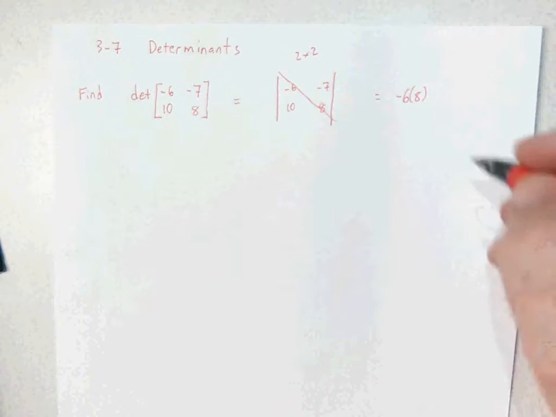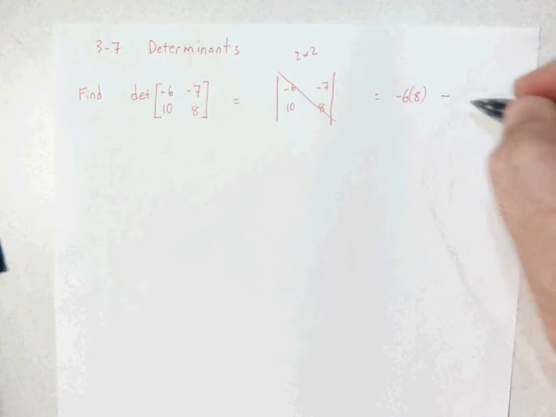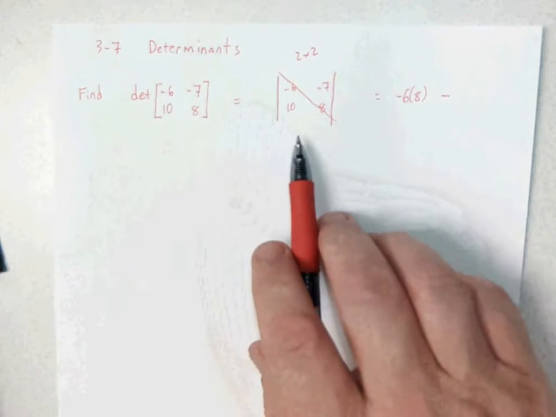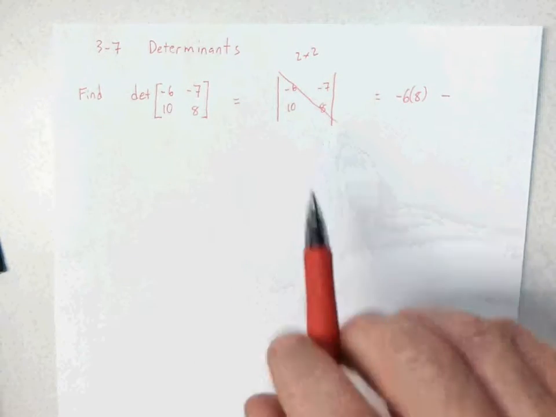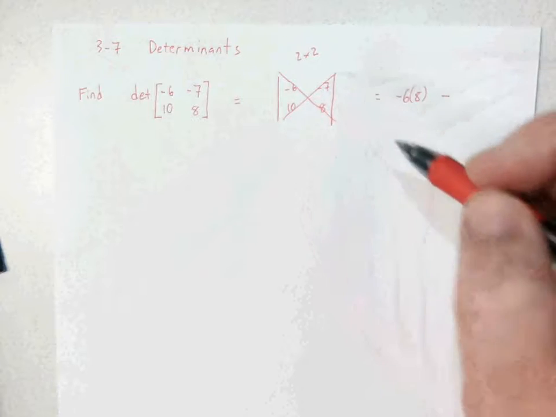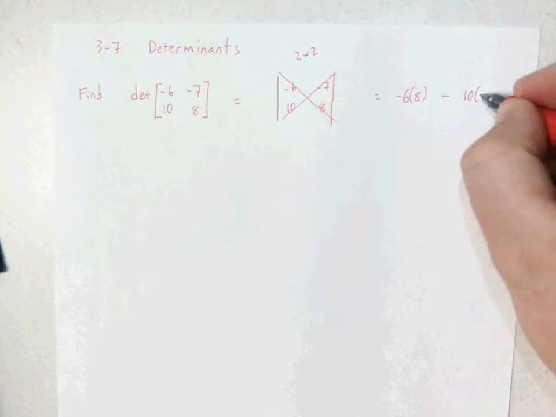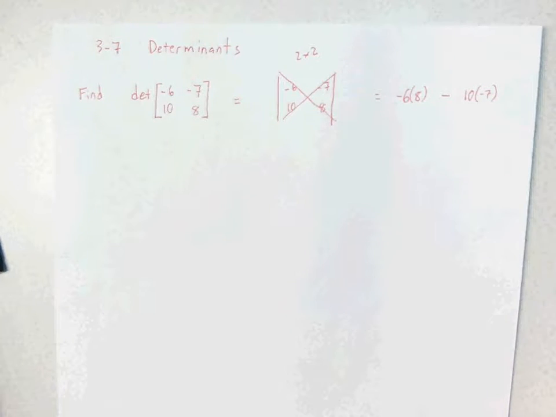And then to that, we're going to subtract the other product. The one from left to right has to go first, the upper left-hand corner to the lower right-hand corner. That has to be in front of the negative sign. And then we do the other diagonal from lower left to upper right, so 10 and -7, and that product will be subtracted from the first.